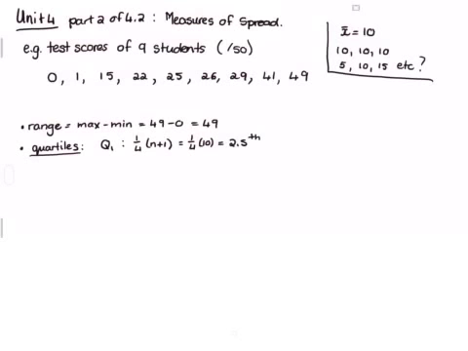Q1 is your 2.5th observation. That's not the value of it. What you do is you go to number 1, number 2, and then in the middle, between 2 and 3, you get your Q1.